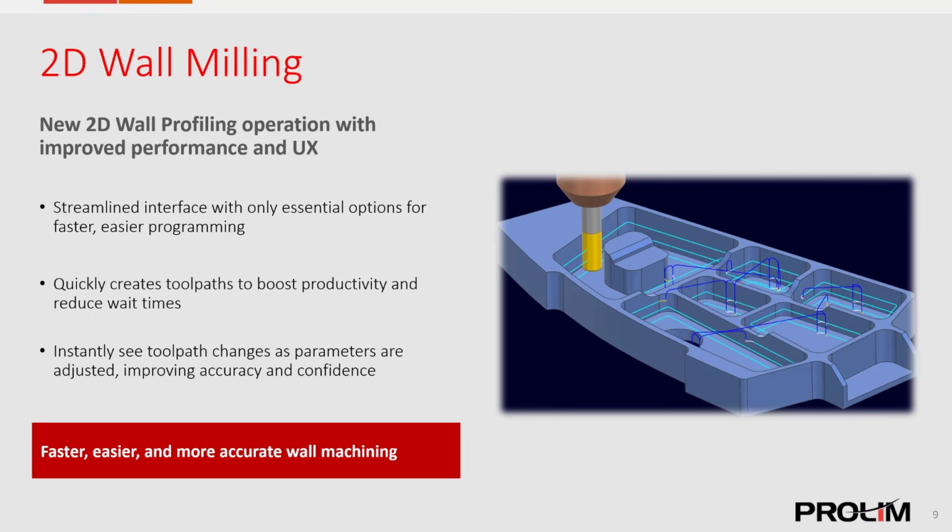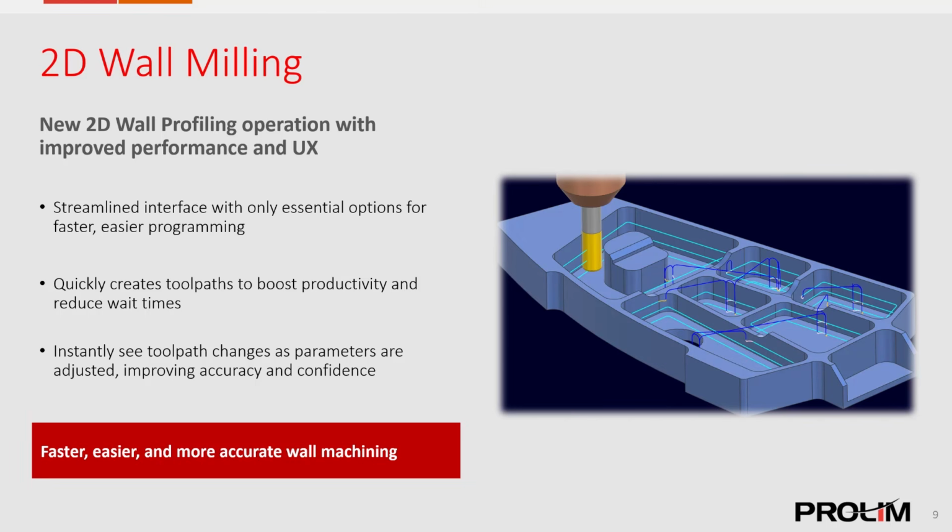The next enhancement is the 2D wall milling. It's another new operation that introduces the new 2D wall profiling operation, designed to make the programming experience faster and easier. There are some key benefits.